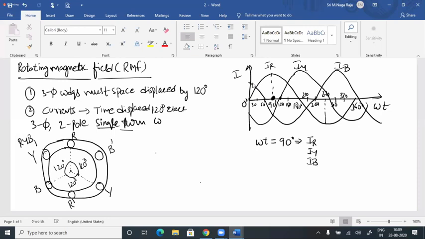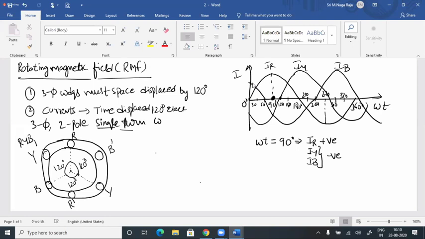We have three currents, IR, IY and IB. IR is positive or negative? Positive. Yes, at this instant, IR is in positive axis. So, IR is positive, IY and IB? Negative. Okay.